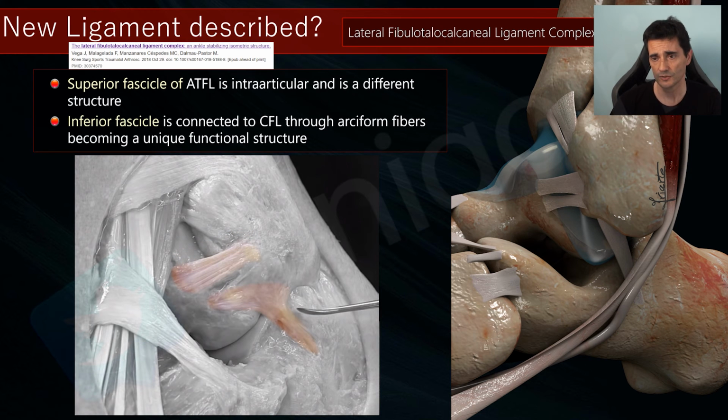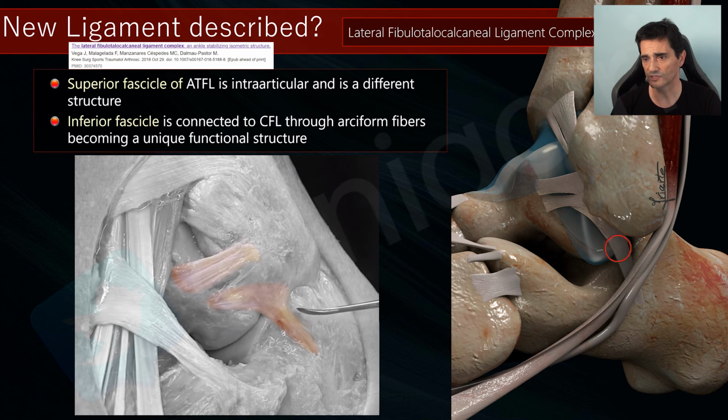So if we have here the superior fascicle intra-articular and here the calcaneofibular ligament, between these two components we have the inferior fascicle of the anterior talofibular ligament. They usually call it like this, the inferior fascicle of the anterior talofibular ligament.